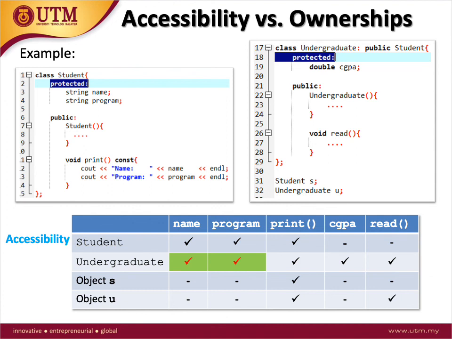So that is the difference between these three access specifiers: protected, public, and private. At least, you have to differentiate between accessibility and ownership. Okay, all right.